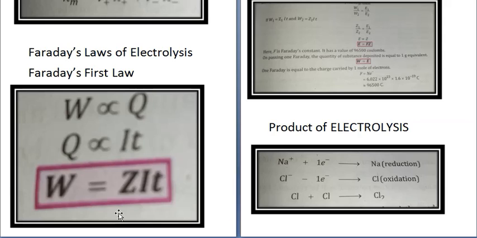So if I is 1 ampere and T is 1 second, then W becomes equal to Z. So the unit of Z is grams per coulomb.